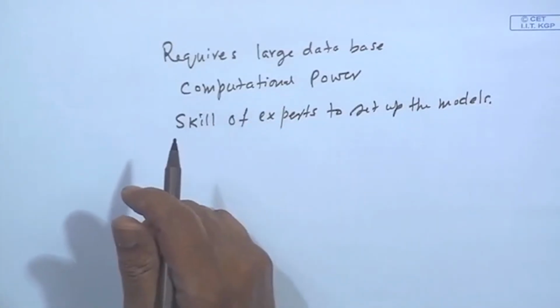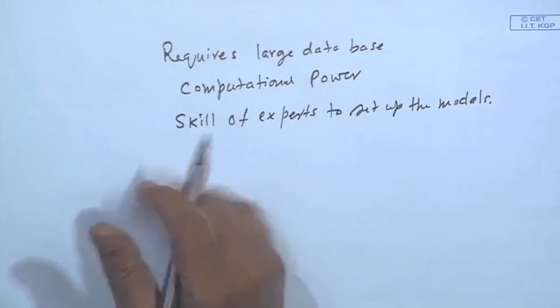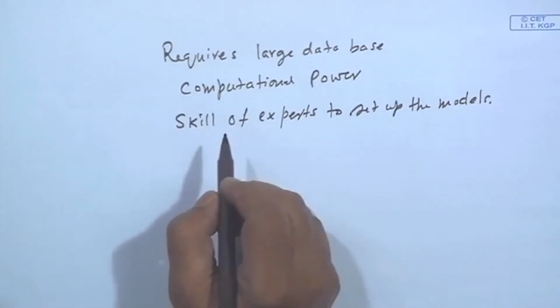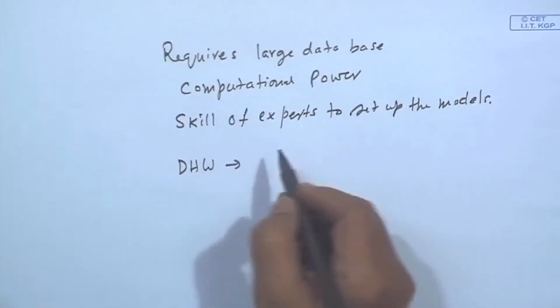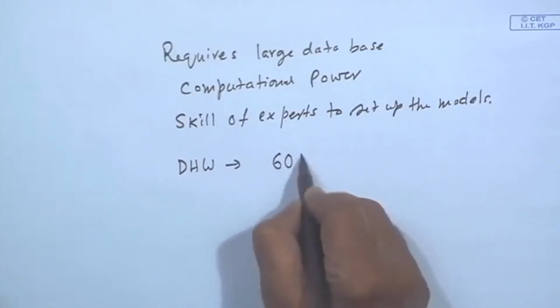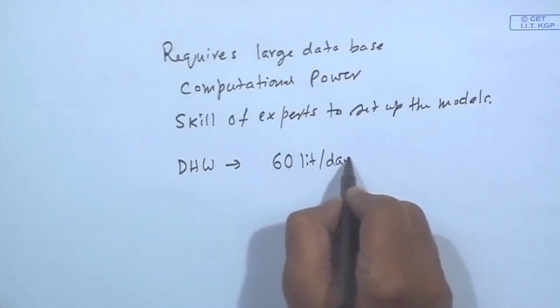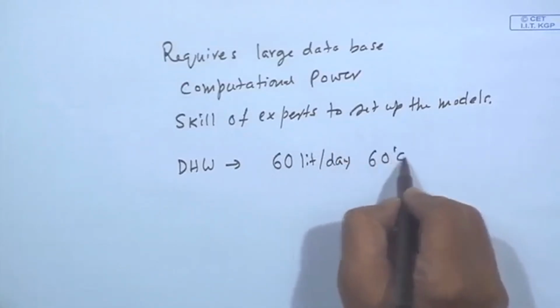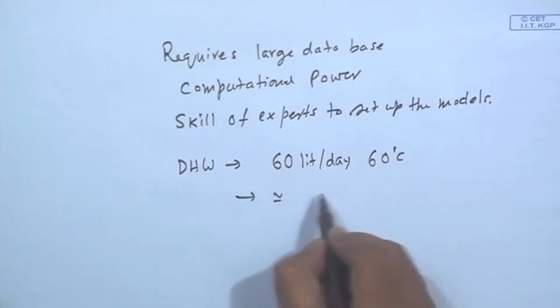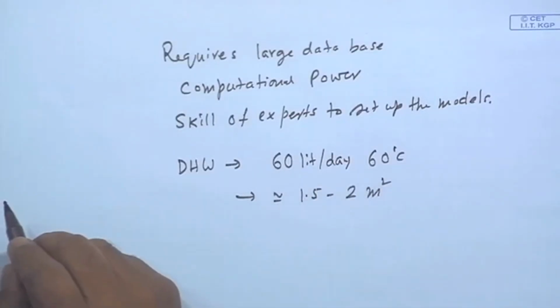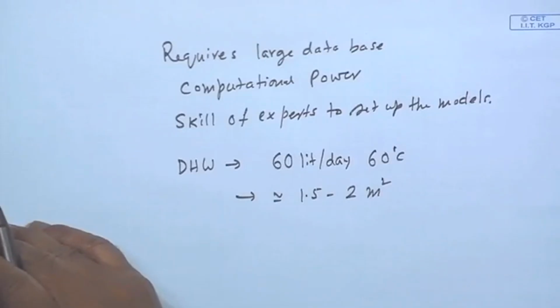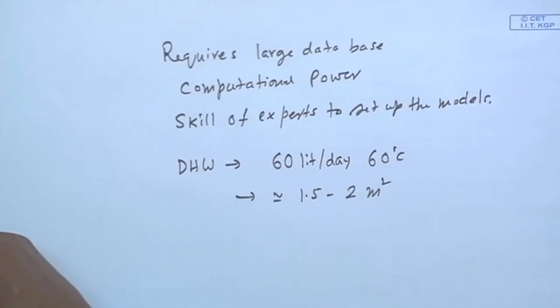practically meaningful compared to system scale experiments for large systems, if you have a domestic hot water system, DHW, maybe in the Indian context supplying about 60 liters per day at, let us say, 60 degrees C, this may require approximately 1.5 to 2 meter square of collector area with a standard storage tank of 70 or 75 liters capacity, and this may be about 20,000 rupees.